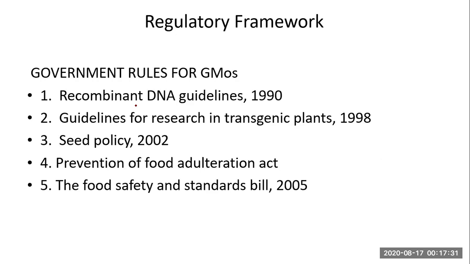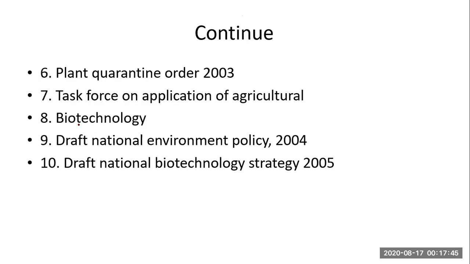They include governmental rules for GMOs like the recombinant DNA guideline for research in transgenic plants, seed policy, prevention of food adulteration act, the food safety and standard bill, plant quarantine order, national environmental policy and national biotechnology strategy. All of these apply during producing the GMO food, but there is no direct act for GM food.